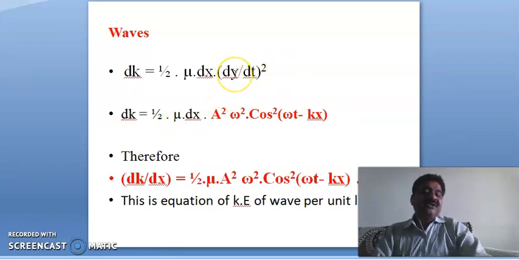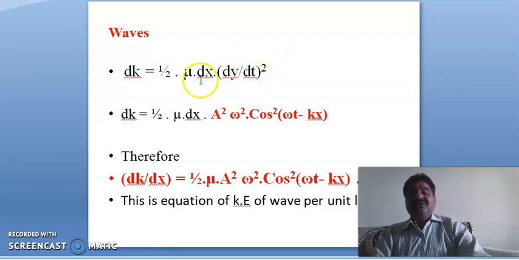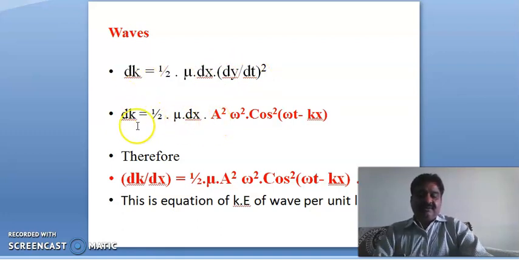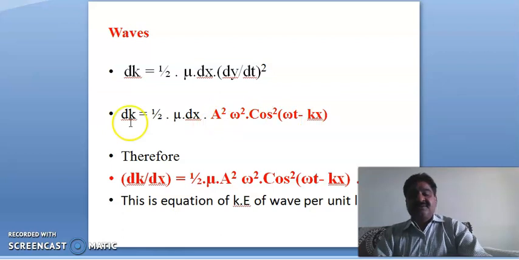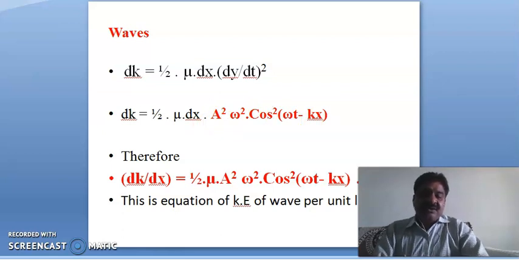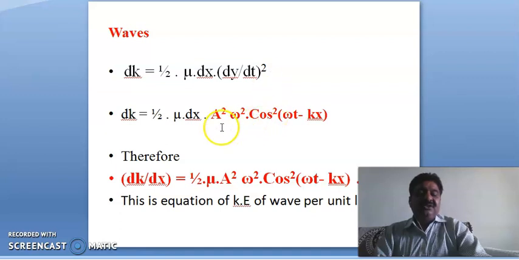The y stands for displacement, and differentiating the displacement with respect to t gives velocity. So half mu dx a square omega square cos square (omega t minus kx), since (dy by dt) whole square is nothing but this.